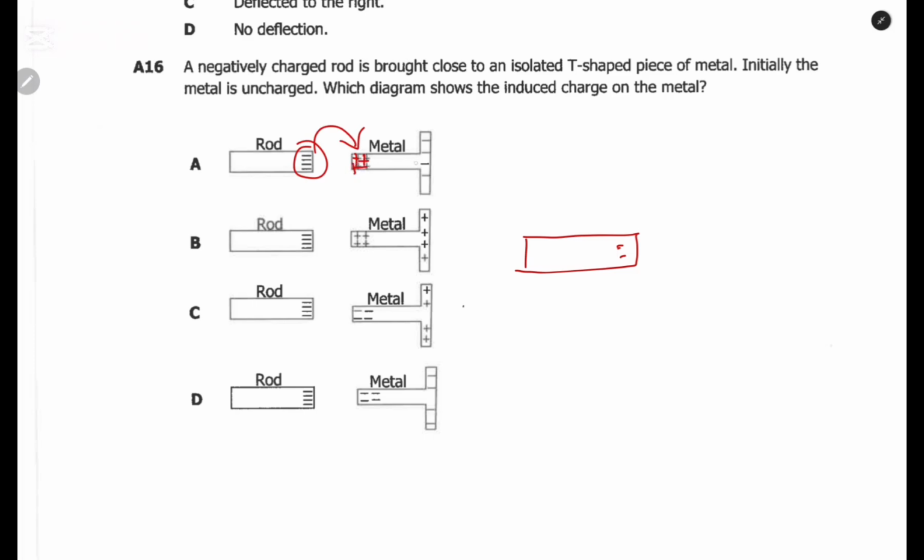This causes the separation of charge in the metal, so the negative charge is pushed away and the positive charge is attracted to the rod. If you look at the others, there's negative, negative, this is no. Therefore the answer is A.